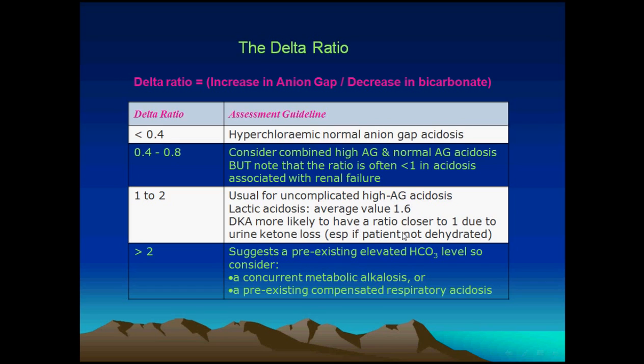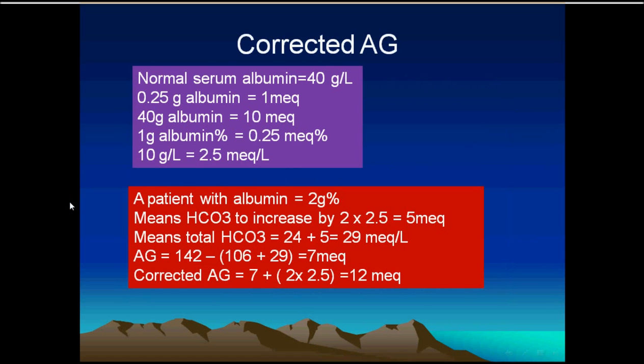DKA is more likely to have a ratio closer to 1 due to urine ketone loss. If it is more than 2, it suggests a pre-existing elevated bicarbonate level, so consider a concurrent metabolic alkalosis or pre-existing compensated respiratory acidosis.